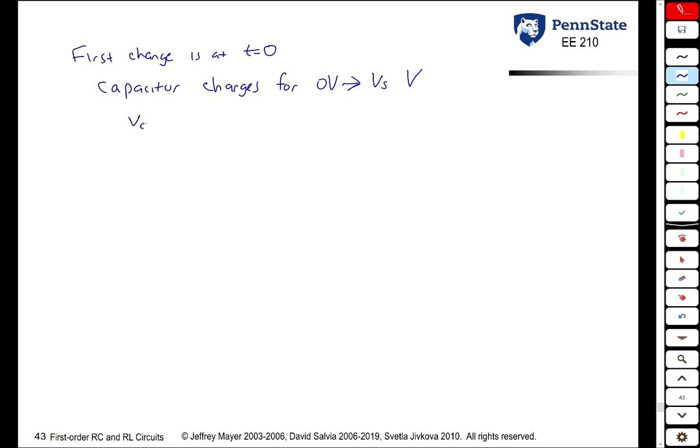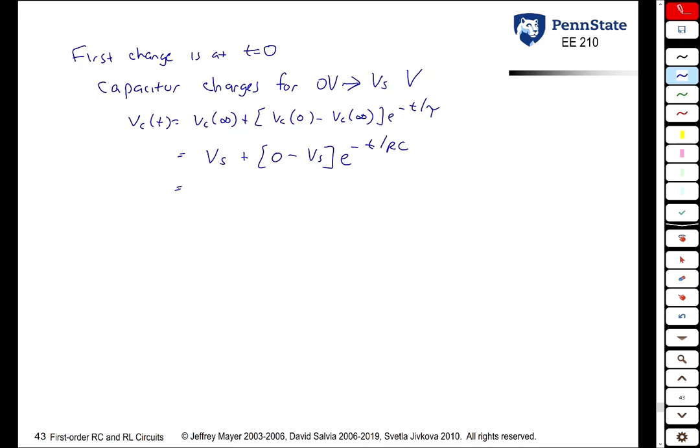So if you think about the equation for the voltage across the capacitor, it's going to be Vc of infinity plus Vc of 0 minus Vc of infinity times e to the minus t over tau. If you plug in the values here, it's going to be Vs plus 0 minus Vs e to the minus t over RC, which we could rewrite as Vs times 1 minus e to the minus t over RC volts.